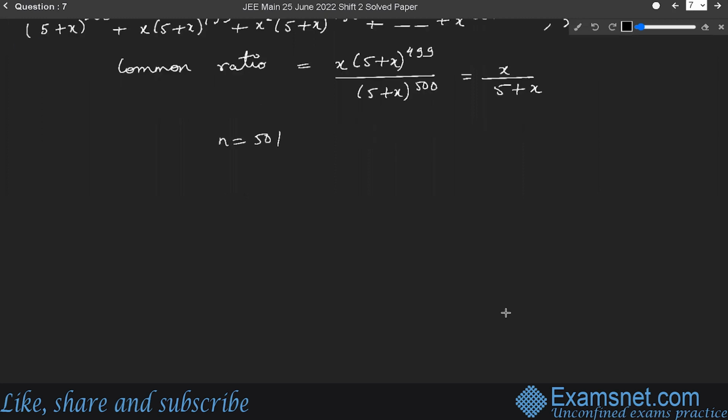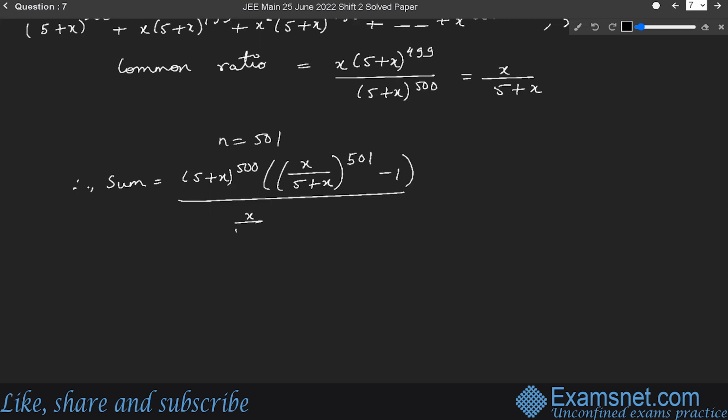Now we have to calculate the sum. Therefore, sum will be equal to (5 plus x) power 500 into ((x upon 5 plus x) power 501 minus 1) whole divided by (x upon 5 plus x minus 1).